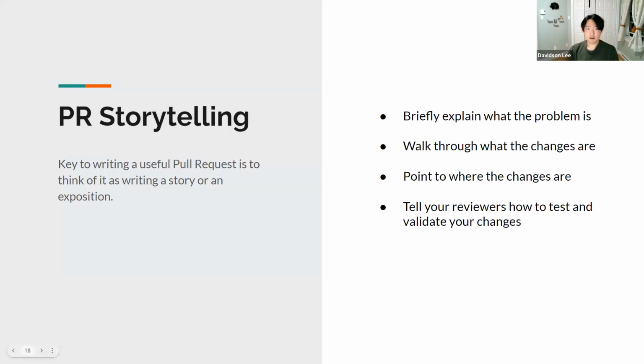So, some tips on PR storytelling. There are a few. The first would be to briefly explain what the problem is. It could be a description like, we discovered a bug that causes feature X to fail under specific conditions, or, clients are complaining that this aspect of the app is not up to standard.